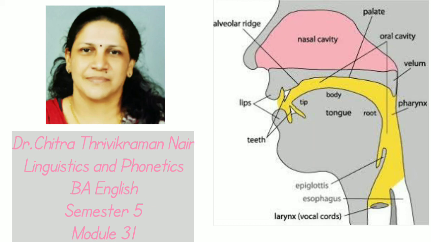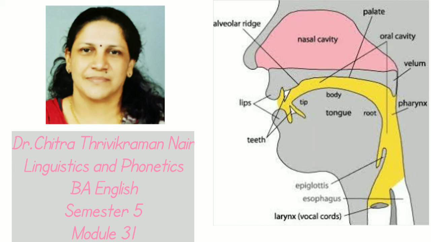So these are the important articulators involved in the production of speech sounds, and you have to keep in mind these main articulators. The pharynx, of course, is a tube which begins just above the larynx. You have the flow of air from the lungs, and it is modified at different points in our mouth.